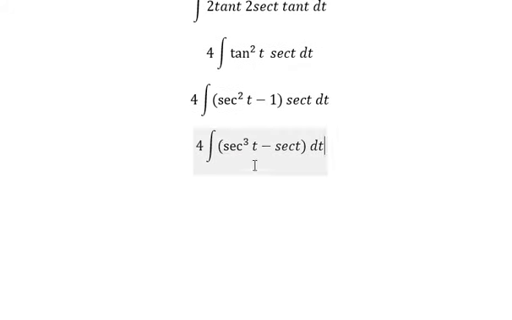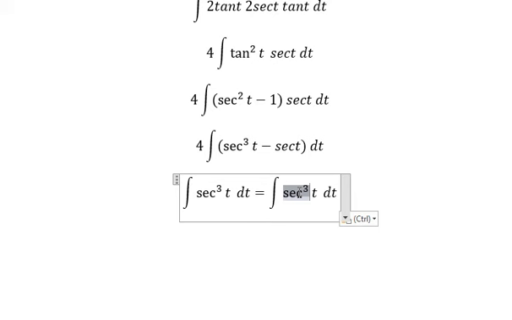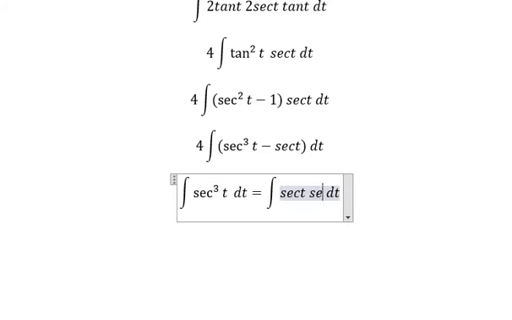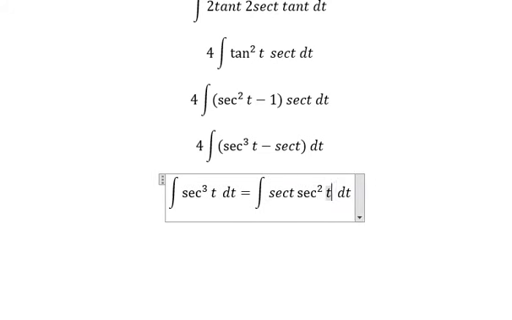Now I will concentrate on the integral of secant of t to the power of 3. We know that we can separate them into secant of t multiplied with secant of t square.